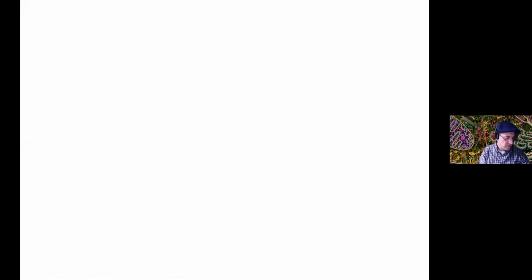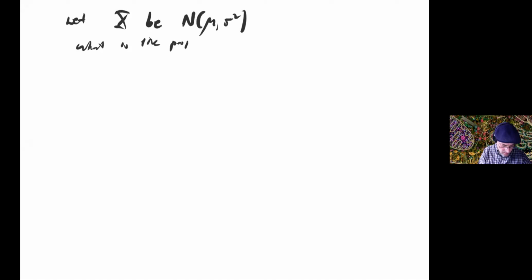Okay, so the last thing I want to do is consider the following kind of question, which is important. So let X be a continuous random variable of type normal, N(mu, sigma squared). What is the probability of X being within one standard deviation of the mean?